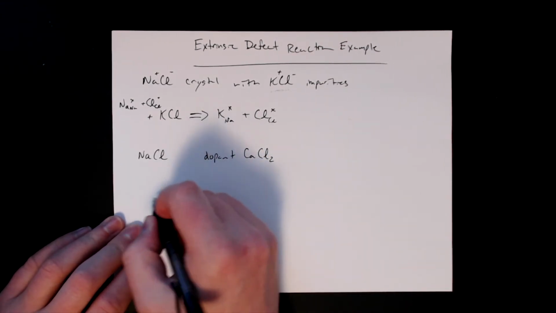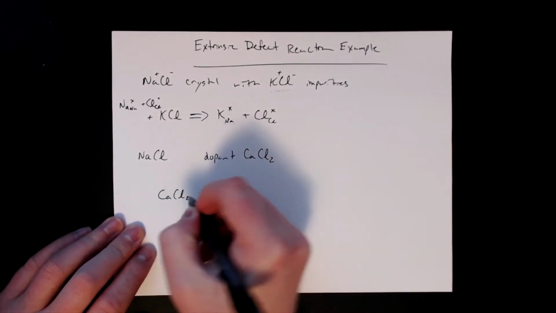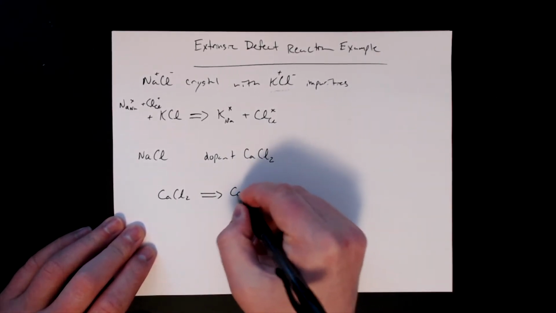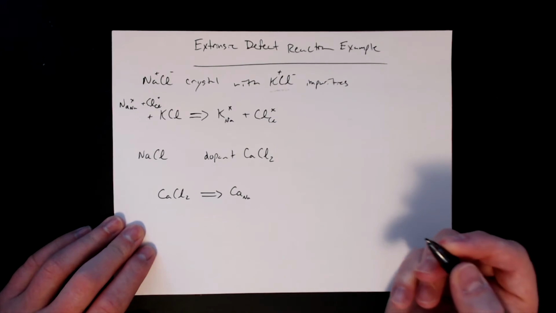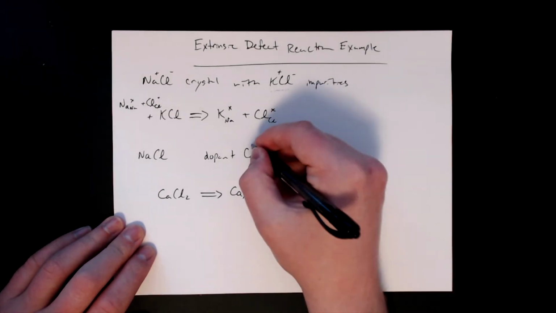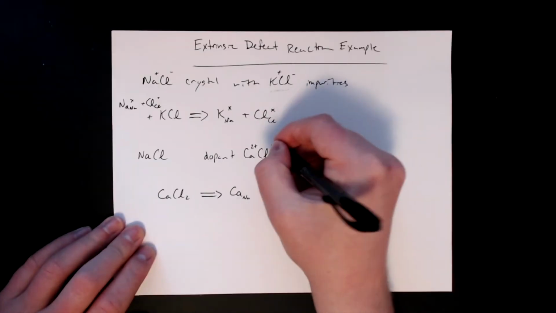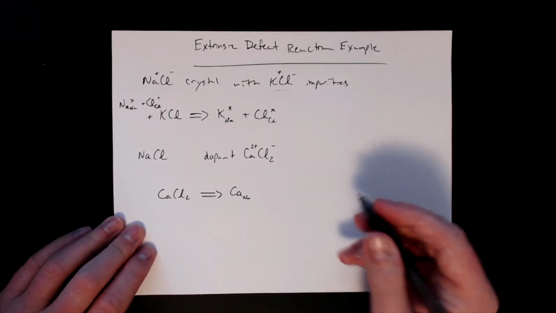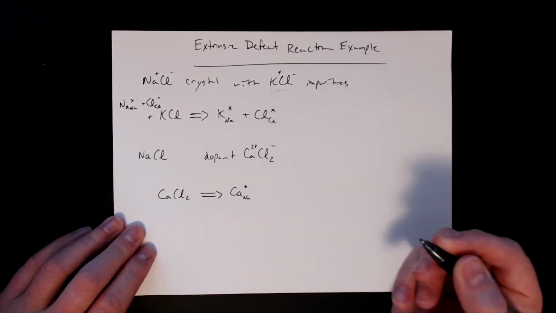So if we do that, we could again write this as our dopant going into the structure. And so calcium is going to take the sodium site. And in this case, this has a +2 charge, right? And this has a minus. And so the replacement of this is going to be a net +1.